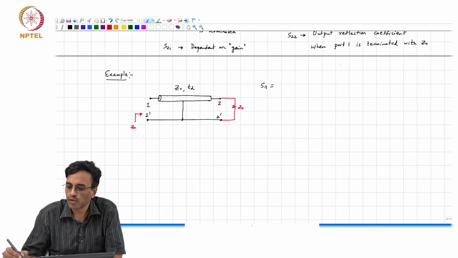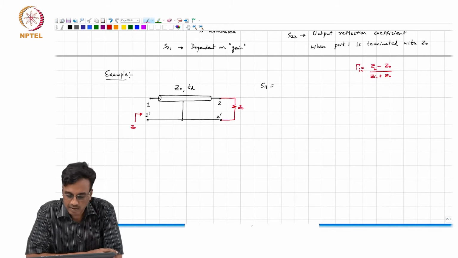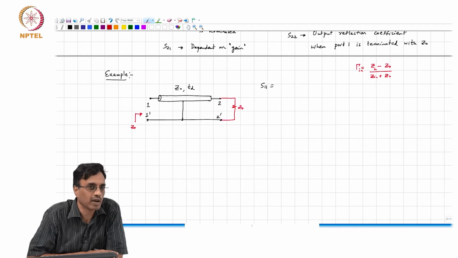Remember, the reflection coefficient gamma in is nothing but Z in minus Z naught by Z in plus Z naught. So, if the looking in impedance is Z naught, then what comment can we make about S11?